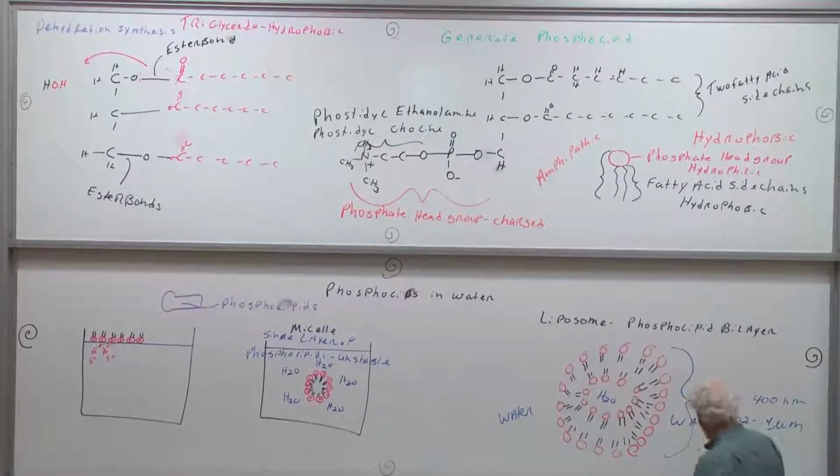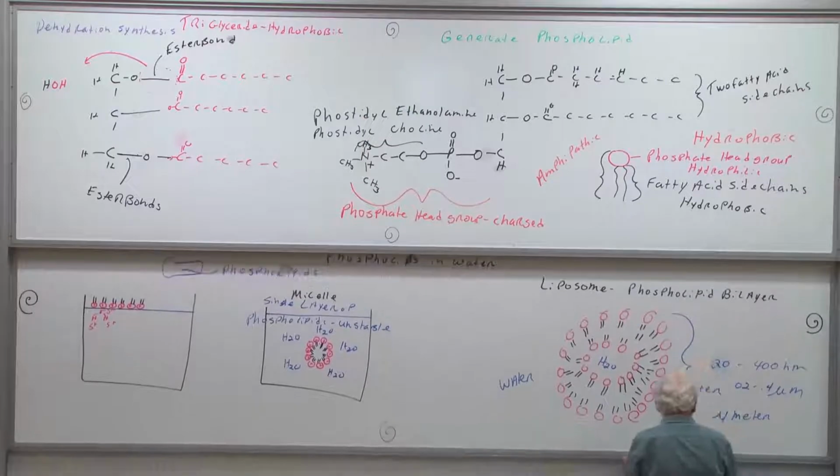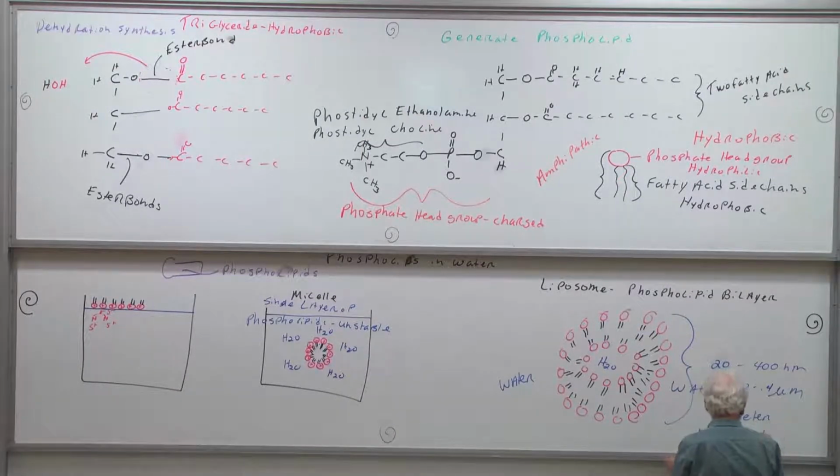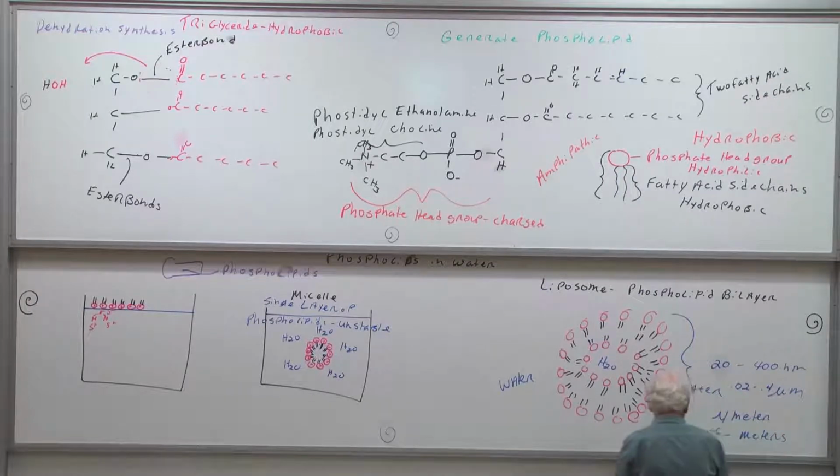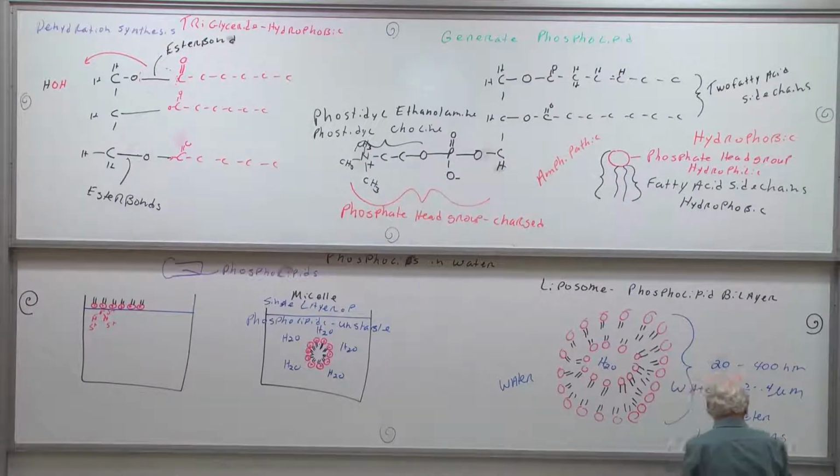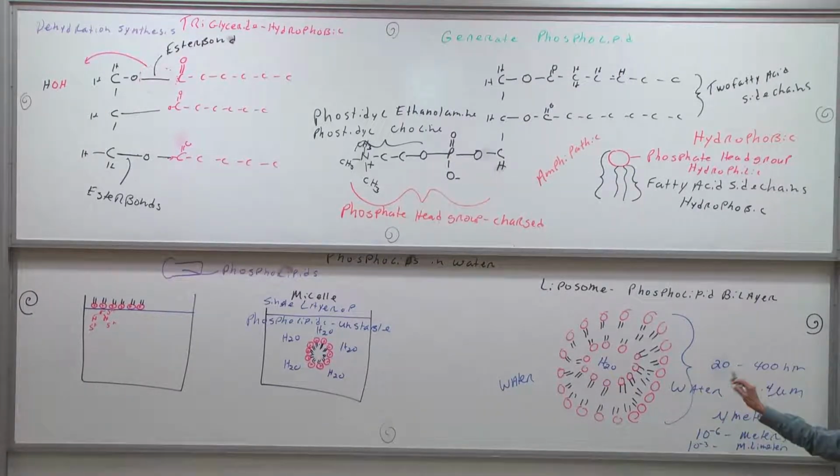I'll remind you that a micrometer is one millionth, 10 to the minus 6th meters. It's 10 to the minus 3, a thousandth of a millimeter. So tiny, tiny, well below what we can see without a light microscope, or probably an electron microscope in this case.